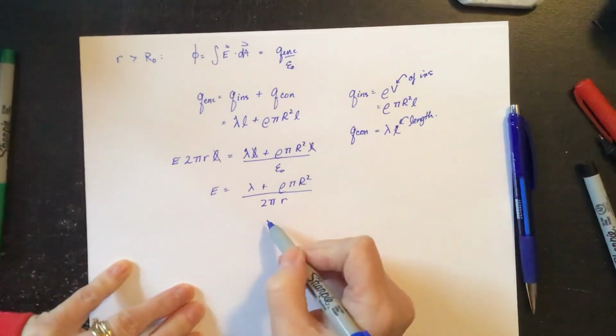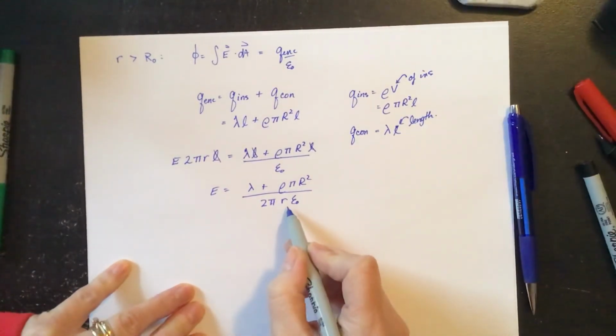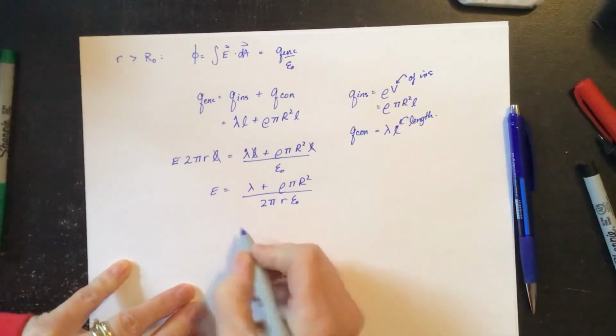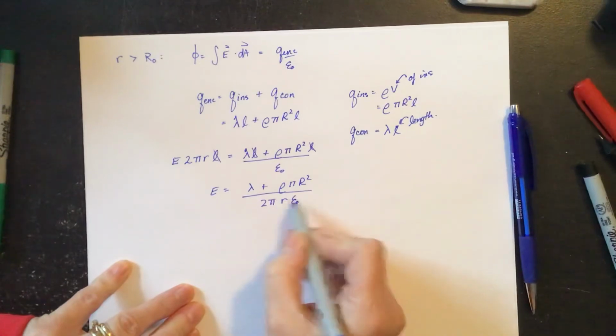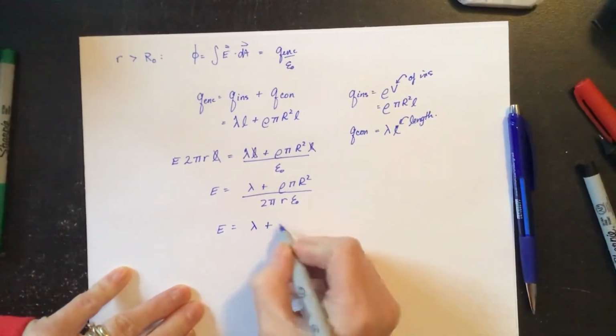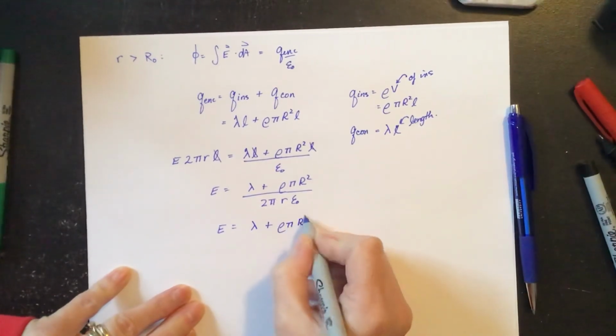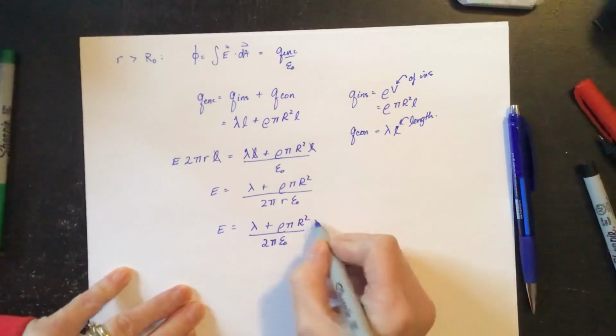Now, oops, I forgot my epsilon naught. We can simplify this a little bit if we wish. I don't think I'm going to simplify it very much. I think I'm just going to take my 1 over r outside, just to make it a little easier to see the dependence on r when we do our graph later on.